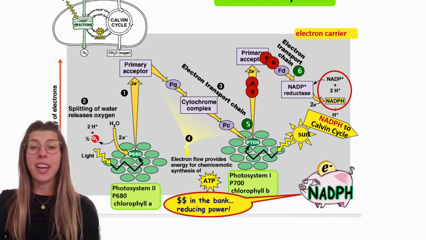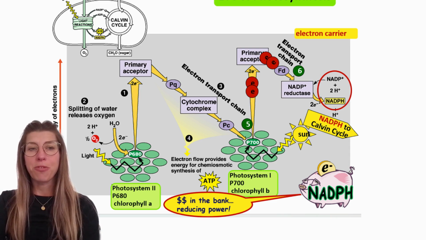Here, these excited electrons are going to continue passing through the final stages of the electron transport chain. Okay, this is not the end. Photosystem 1 is kind of like a halfway point along the electron transport chain. So these electrons will continue to move across, and instead of them contributing to a gradient that produces ATP in the end, they're going to move along and actually pass through and activate NADP reductase, the enzyme embedded in the thylakoid membrane.